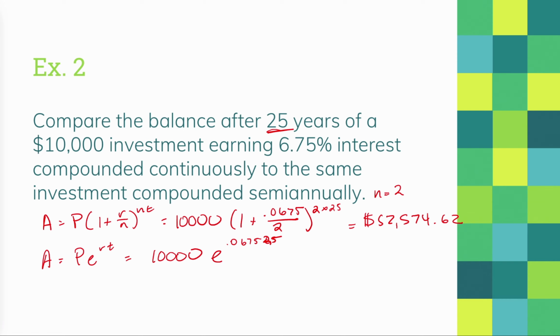And that ends up being $54,059.49. So, almost $1,500 more. Same principal, same interest rate, same amount of time, but we get almost $1,500 more just by changing the frequency that it is compounded.